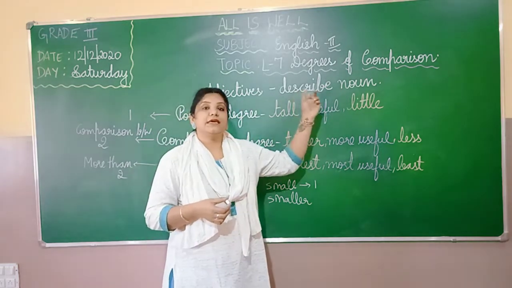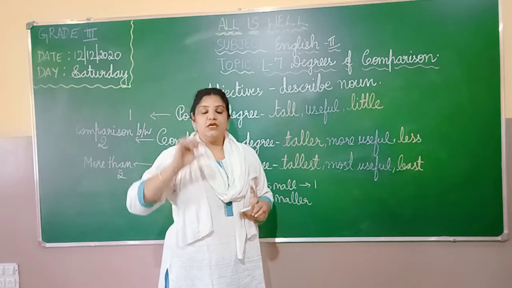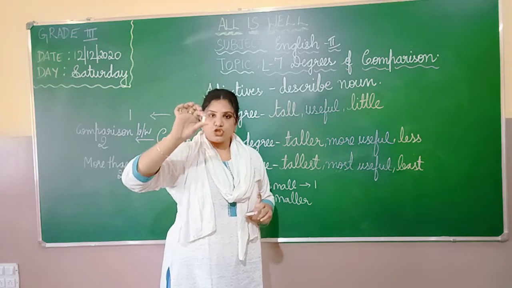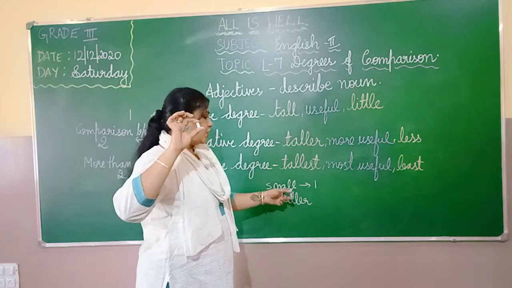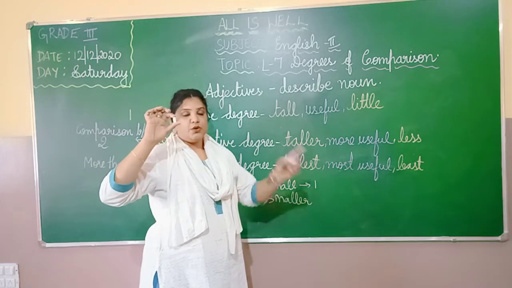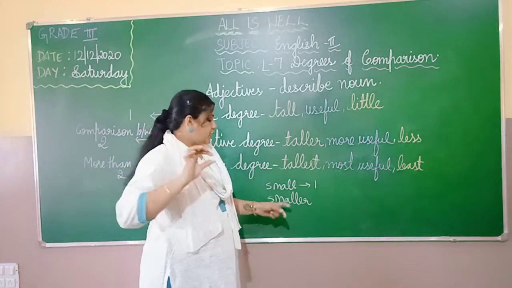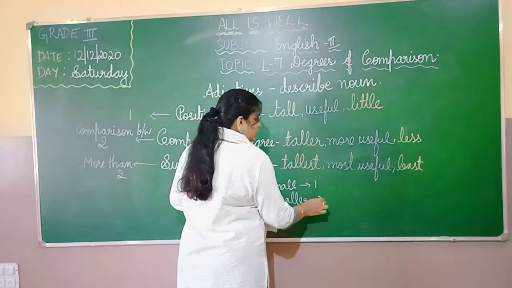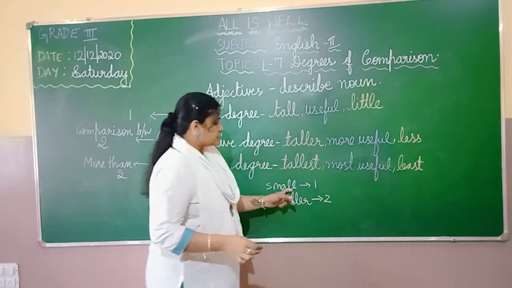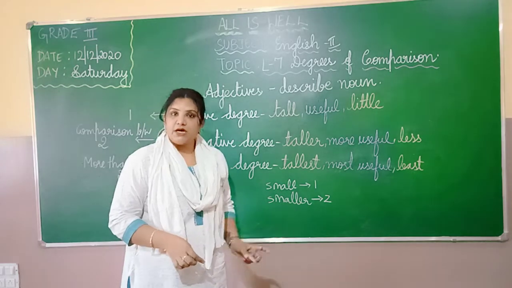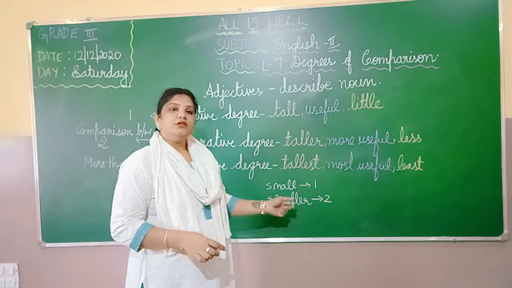It is describing the noun, how the noun is. So this is a small chalk. Your adjective small is one form. When I say this is smaller than this, comparing between 2 things, small became smaller.